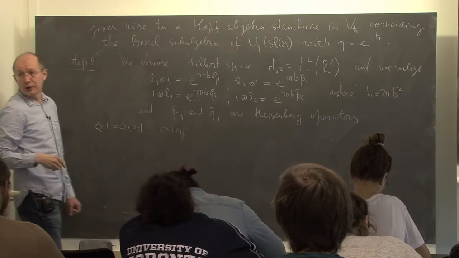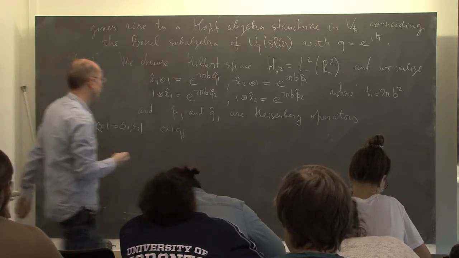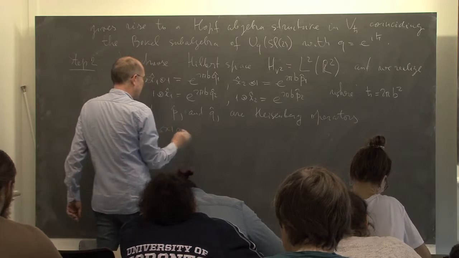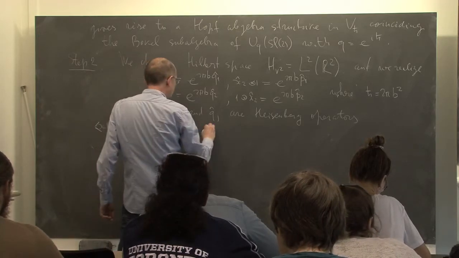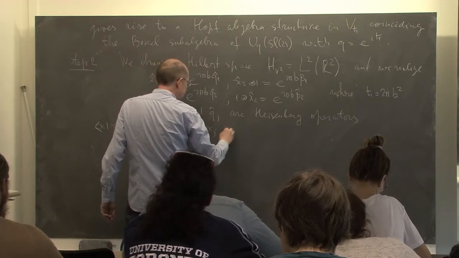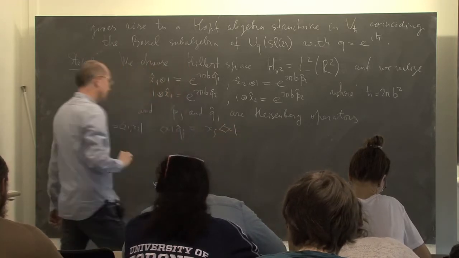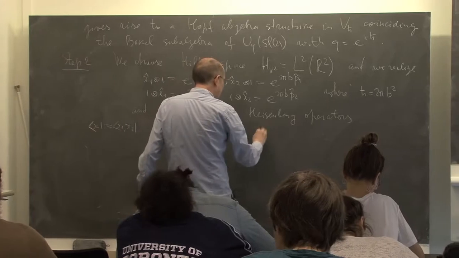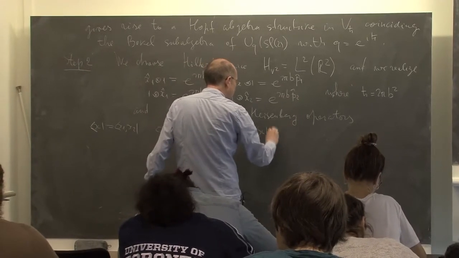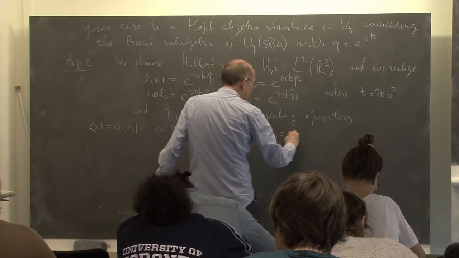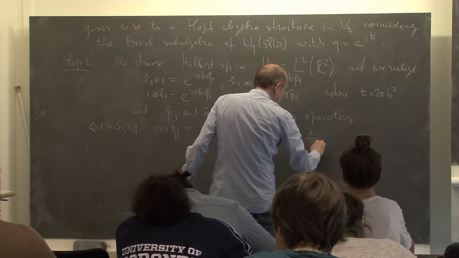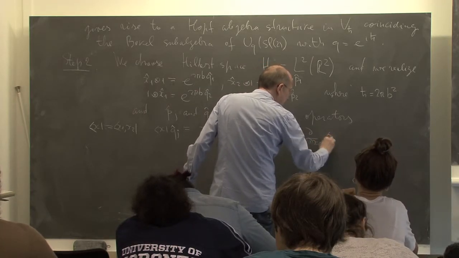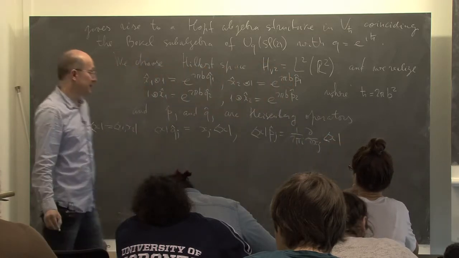We are now in L2 of R2. And if we act by Qj hat, this will be xj multiplying |X>. And if we act on |X> by Pj hat, this will be 1 over 2 pi i, d over d xj applied to |X>.